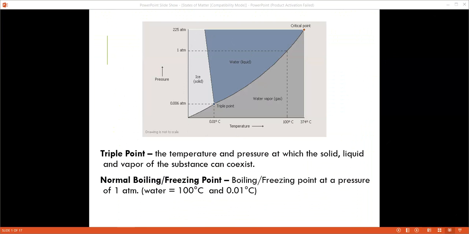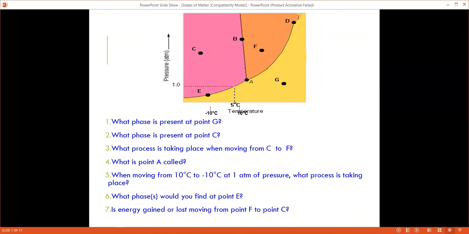And then as you continue following that line of 1 atm all the way over, this point right here, where the 1 atm pressure crosses the liquid and gas line, that's where your vaporization or condensation point is on your phase diagram graph. Okay, so it's important that you all know and understand how to use these and what they show you. So be sure that you're comfortable with those.